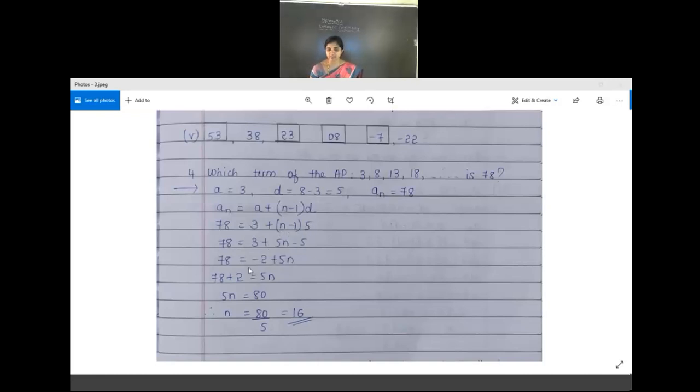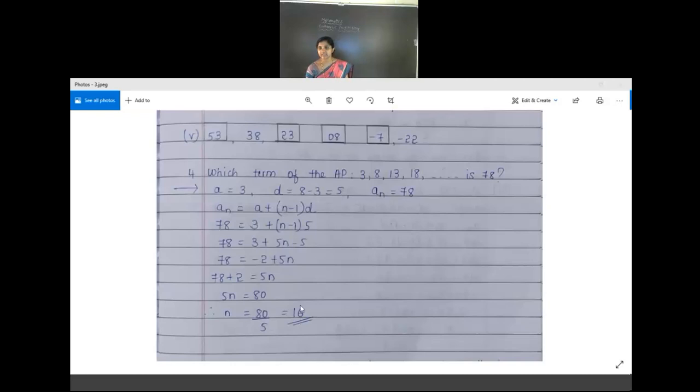Then simplification: 78 is equal to 3 minus 5, that is minus 2, plus 5n. Now transfer this minus 2 to this side: 78 plus 2 is equal to 5n. Then 5n is equal to 80, so n is equal to 80 divided by 5, that is 16.